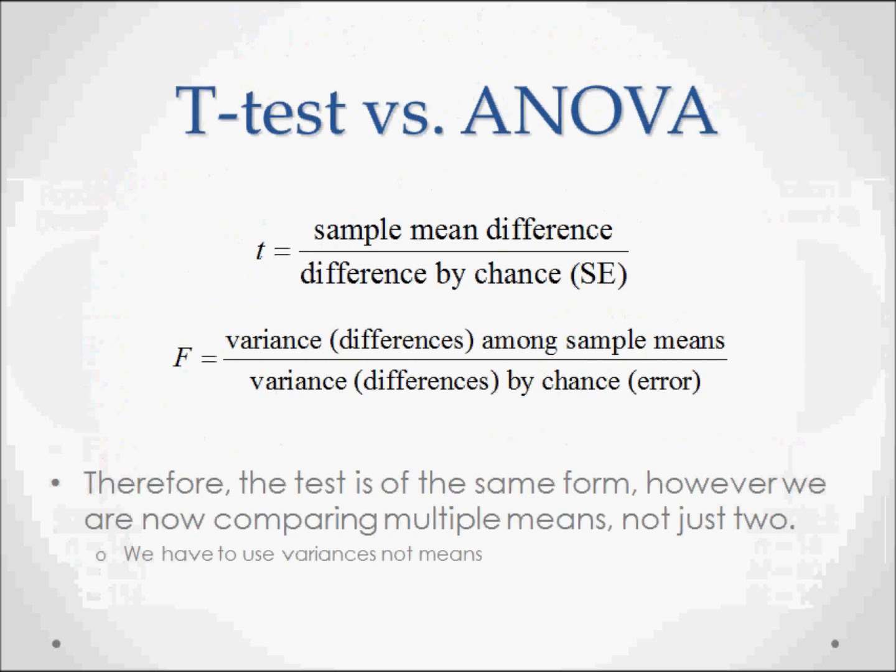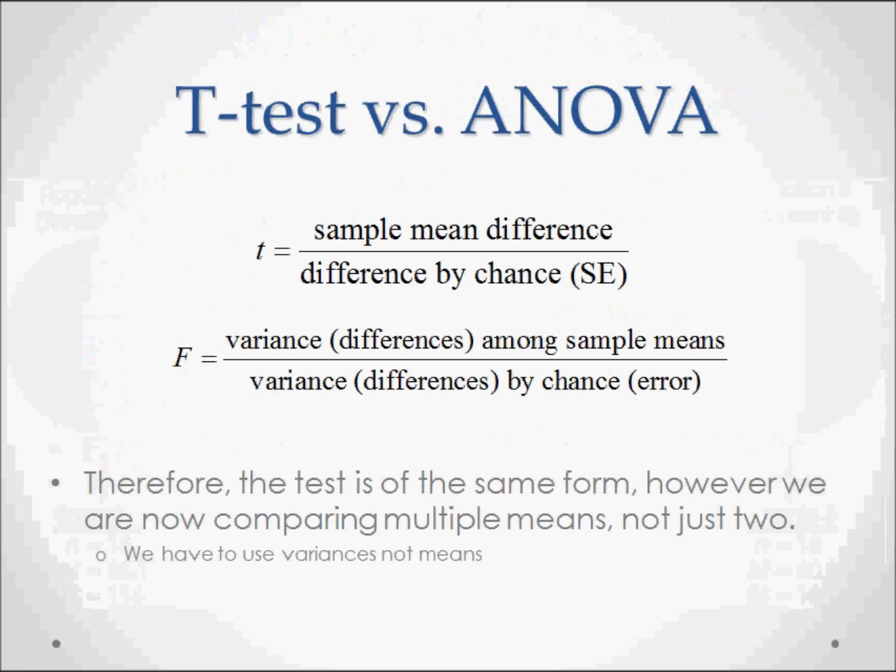So up until now, all of your t-tests, even the z, looked at a sample mean difference, the mean from the population, or the mean from another mean, or the repeated measures was a before to an after. It was some kind of mean difference over error. We call that standard error.